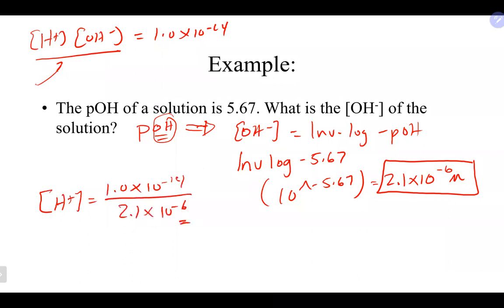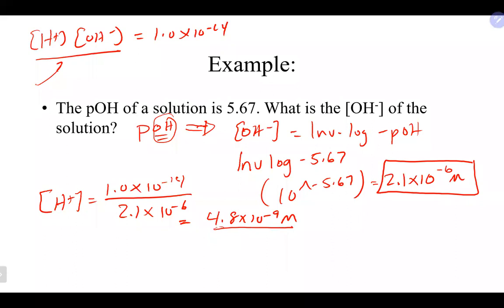And you could get the H plus concentration, which in this case would be something like this if I hit the buttons. There you go. 2.1 to the minus 6. Looks like 4.8 to the minus 9. This would also be another one that if you did it without scientific notation, you probably get a bunch of zeros and a 5 at the end of your calculator if you did it that way.